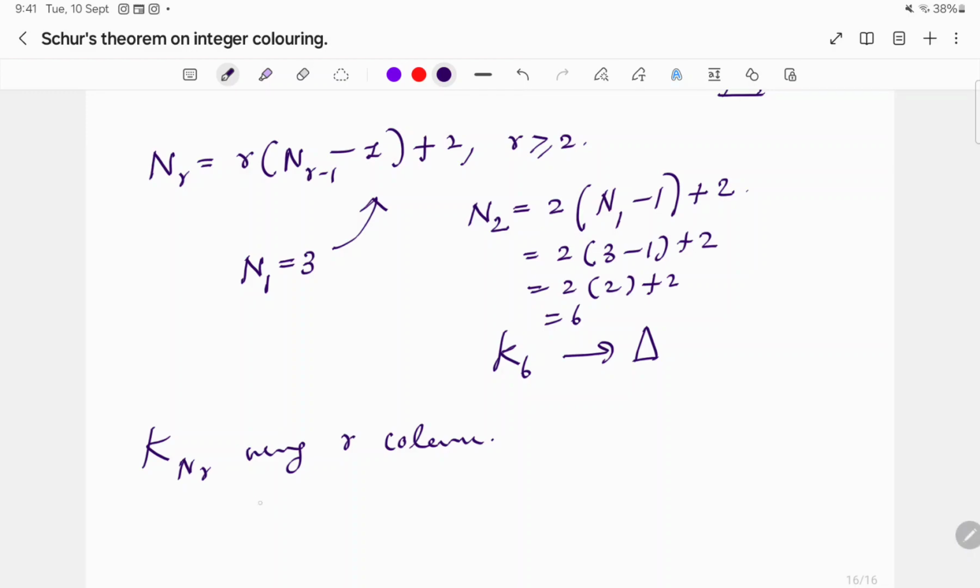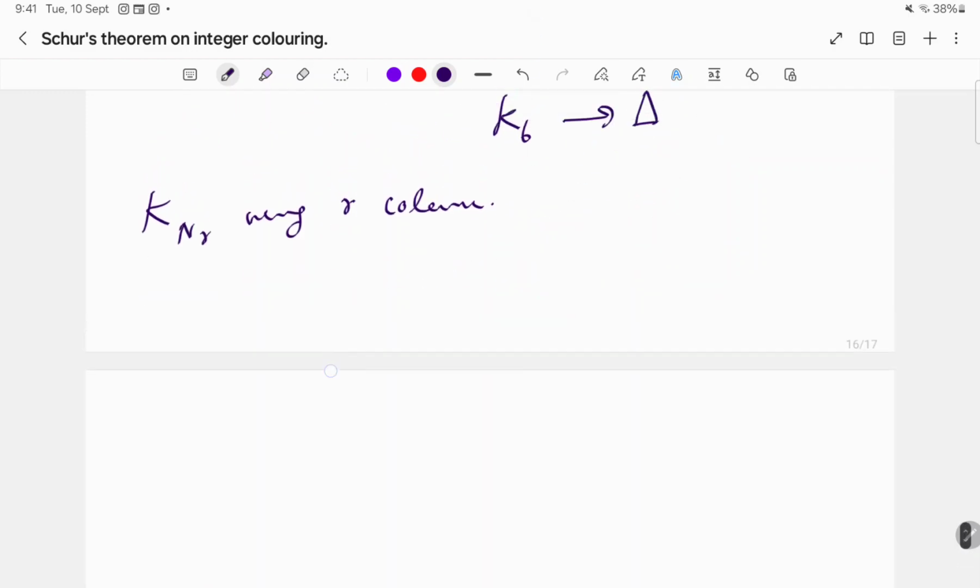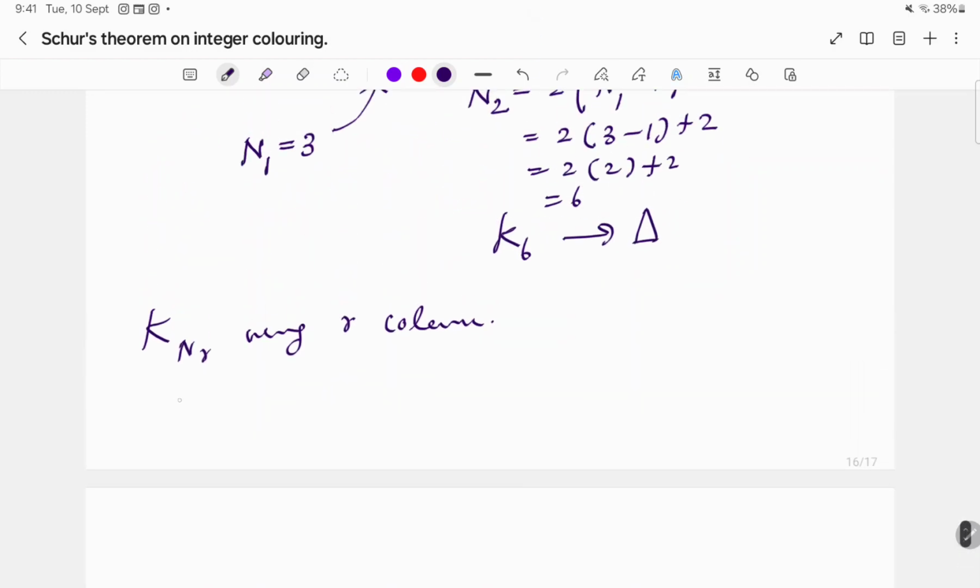So I assume that this claim is true for R minus 1. That means if you color K_{N_{R-1}} by R minus 1 colors, then I'll get a monochromatic triangle. That's what I wanted to say, right? So this is what we assume.